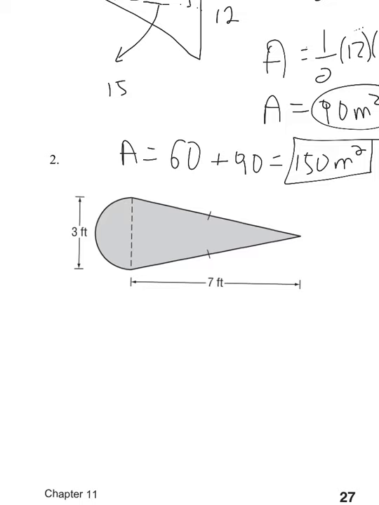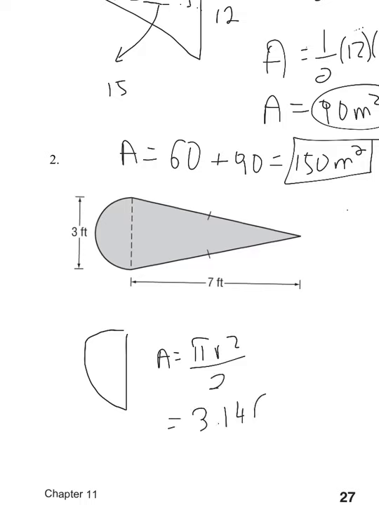So, in question number 2, I have a semicircle, and I also have an isosceles triangle. Let's look at the semicircle first. Area of a circle is pi r squared, but I will divide it by 2 because it's a half circle. So it will be pi r squared divided by 2, which is 3.14 times, how long is the radius?